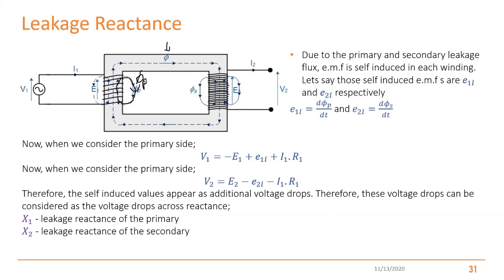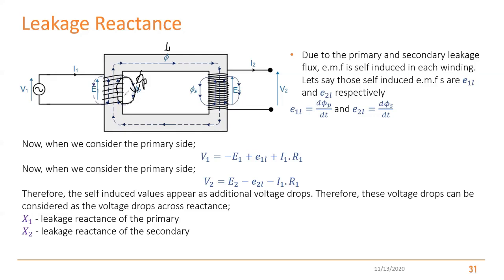The energy stored in this flux doesn't transfer to the secondary, and hence not to our load. This kind of flux is called leakage flux. It is not coupled with the secondary and it is leaked.